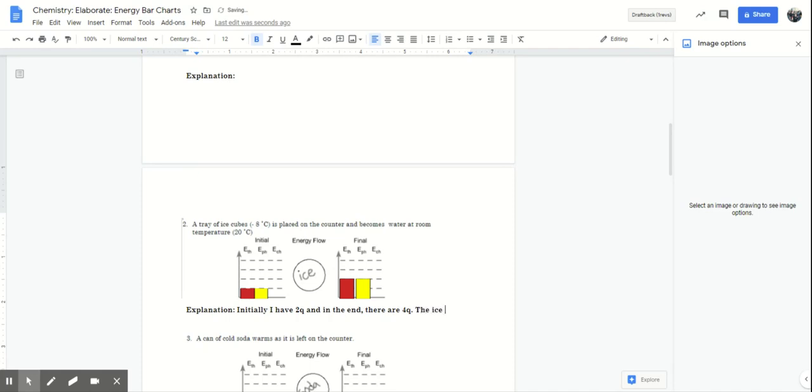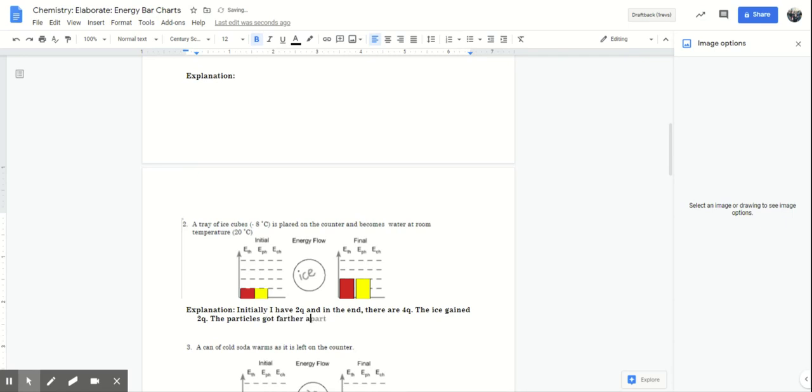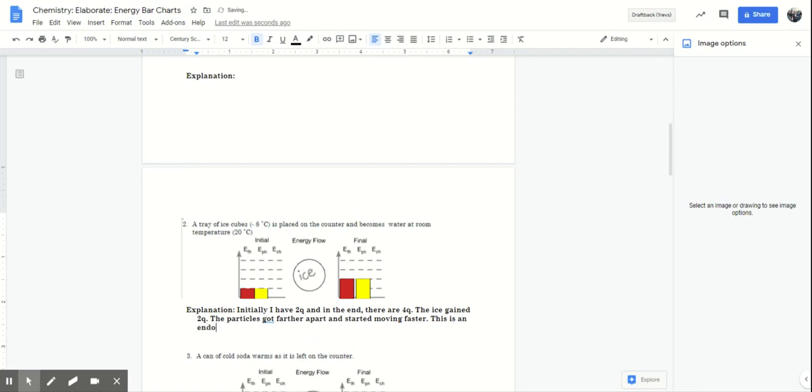The ice gained 2Q. The particles got farther apart and started moving faster. You could also even say because they gained 2Q, this is an endothermic process.